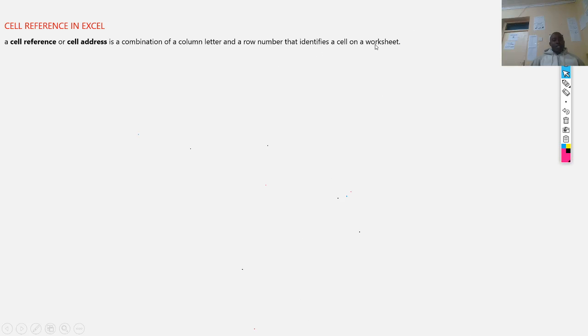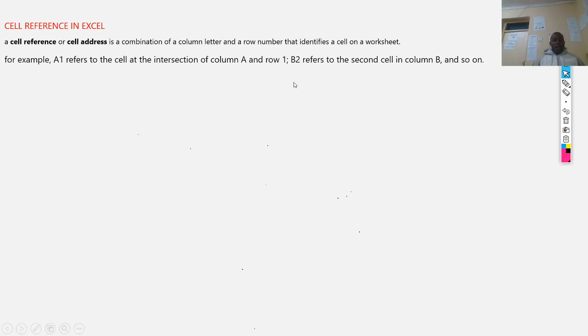Or somebody can say it's a combination of the column header followed by the row header, which identifies a cell on a worksheet. For example, A1 refers to the cell at the intersection of column A and row 1. B2 refers to the second cell in column B, and so on.